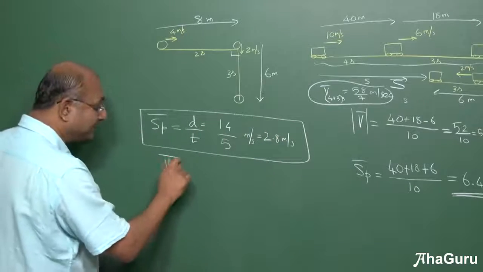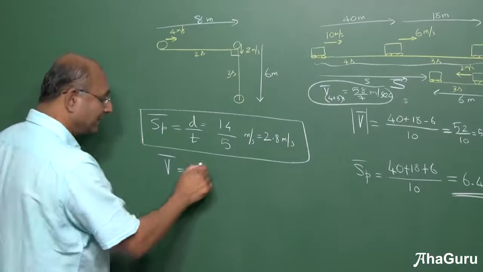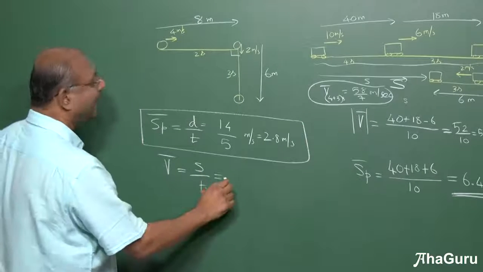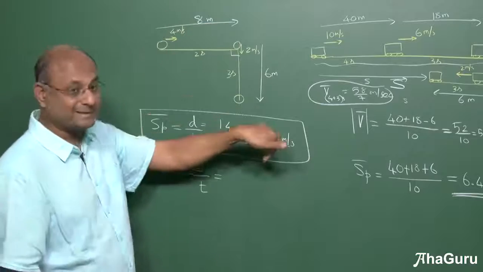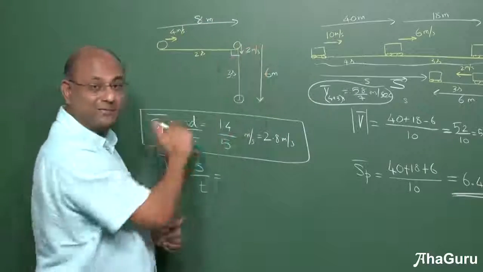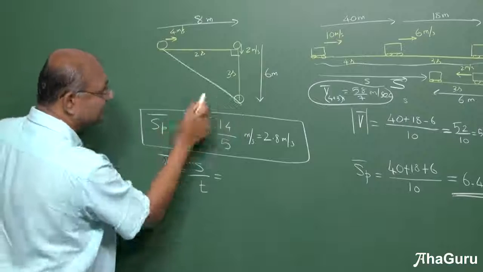What is the average velocity? That is displacement by time. Now you can't say 8 plus 6, not allowed. 8 minus 6, no, because it's not going that way. So what is my displacement? It is this.